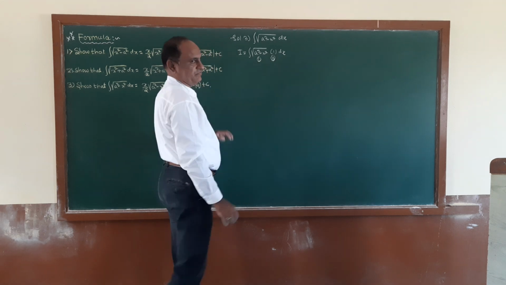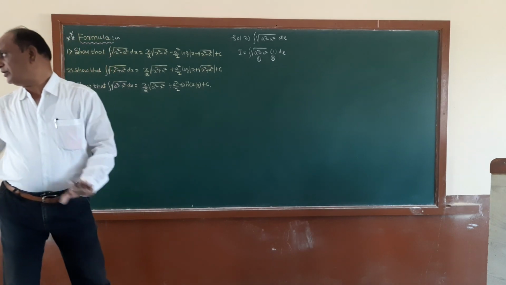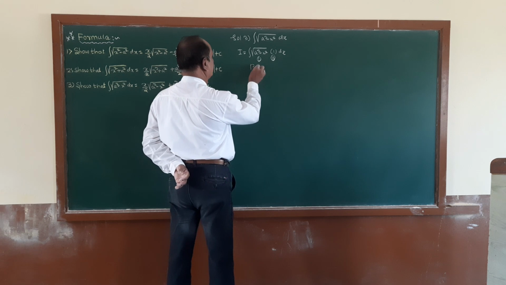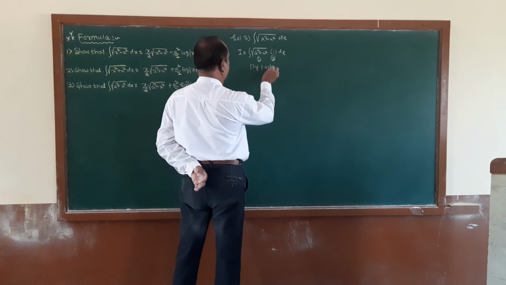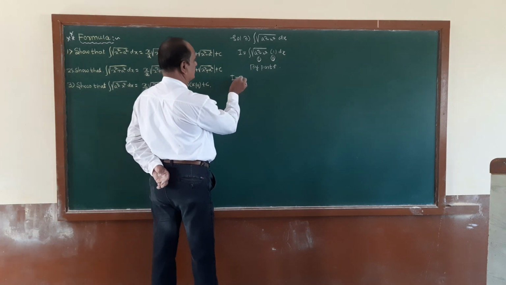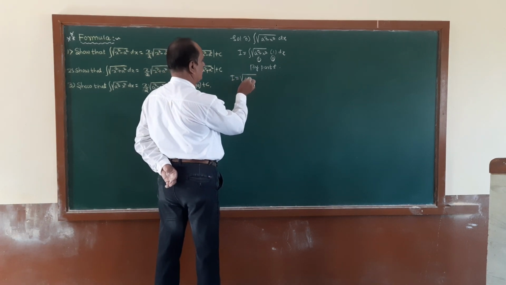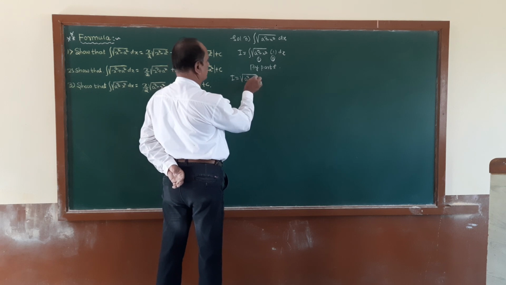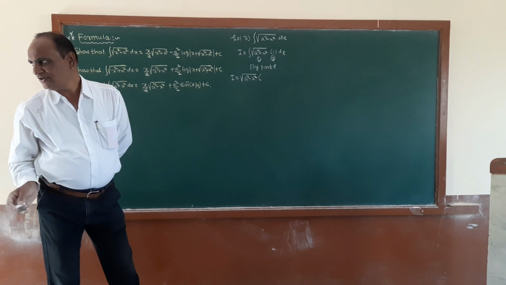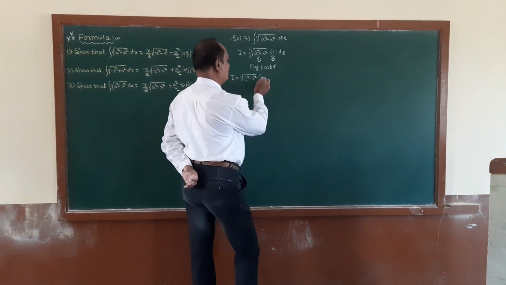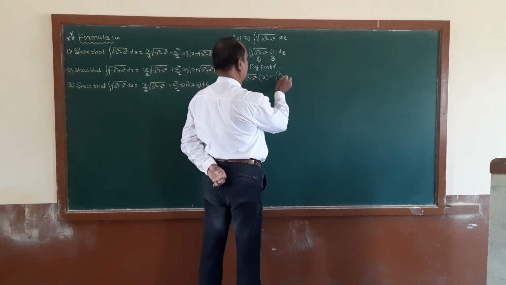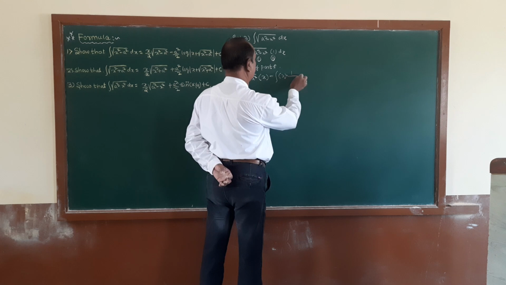Similarly, that is the second function. Apply integration by parts. Therefore I is equal to the first function as it is, the square root of a square minus x square, into the integral of the second, the integral of 1 is x, and then minus, under the integral sign, the integral of the second into the derivative of the first.